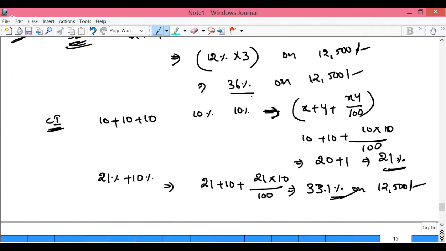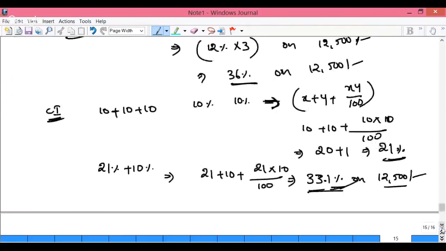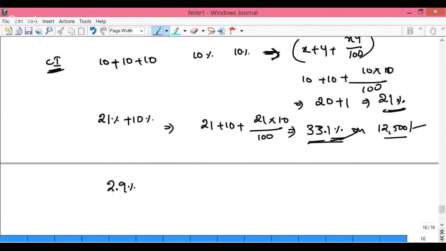Now, don't find the 36 percentage on 12,500 and 33.1 percentage on 12,500 separately. Just find the difference of these percentages, 36 and 33.1. It will be 2.9 percentage of 12,500.